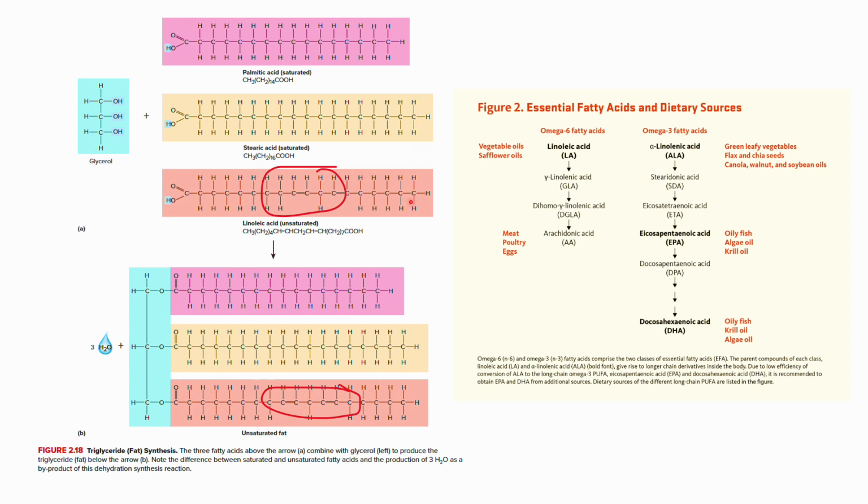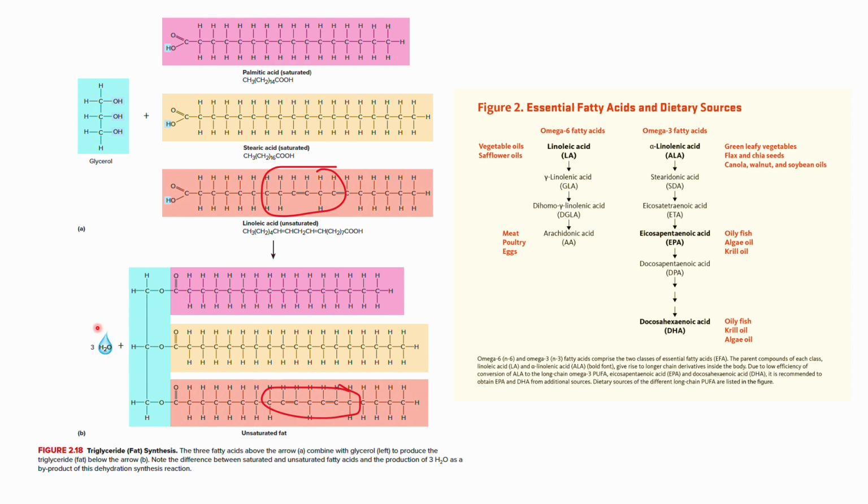Yes, so a triglyceride, you will have a glycerol plus these 3 fatty acids, giving us a triglyceride. Here, do we see any double bonds? No. So this is a saturated fatty acid. Do we see any double bonds here? No. Do we see double bonds here? Yes. So this is an unsaturated fatty acid. Alright, so this plus this will come together to give us B, and B is an example of a triglyceride.